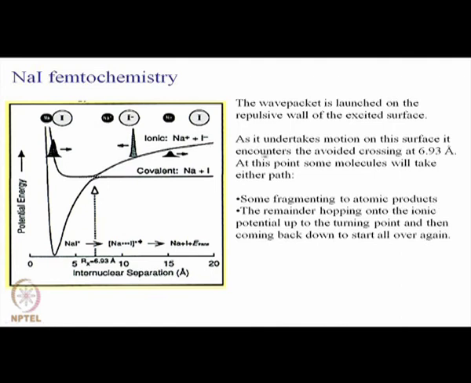Okay. And as it undertakes motion on this surface, it encounters the avoided crossing at 6.93 angstrom, somewhere over here. If it encounters this point, the system has two options. Either it will remain in the attractive potential energy surface, or it will move on to the covalent side.